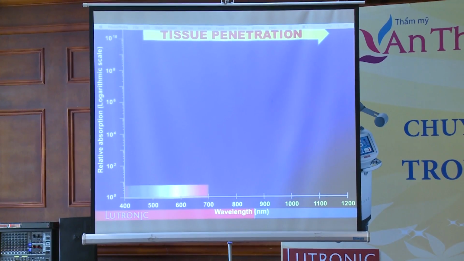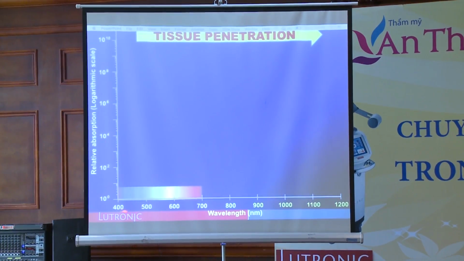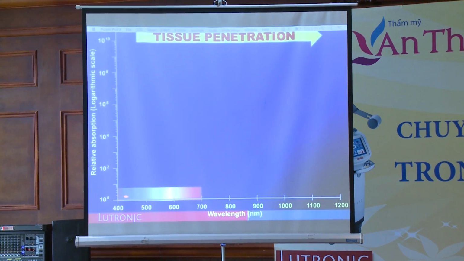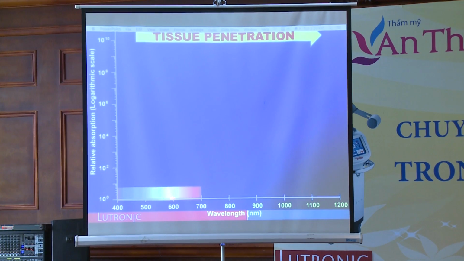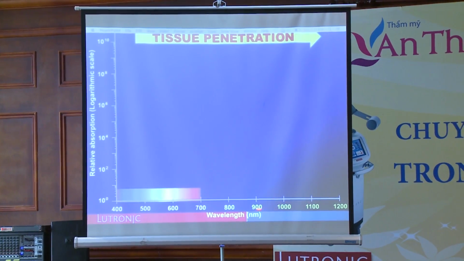Why do we have all these different colors or wavelengths? Well, here we have wavelength along the bottom line, the x-axis. From 400 to 700 is visible light: blue, green, yellow, orange, red. And then we have the invisible infrared.